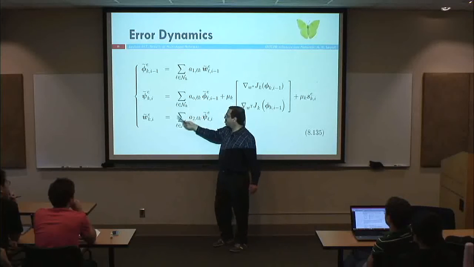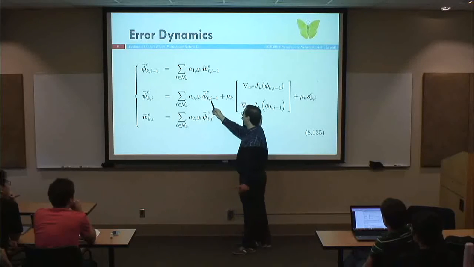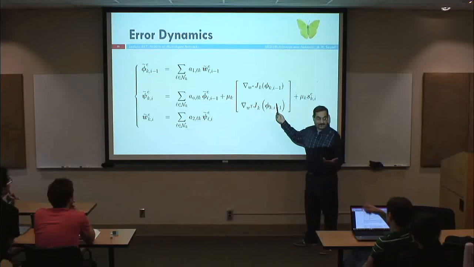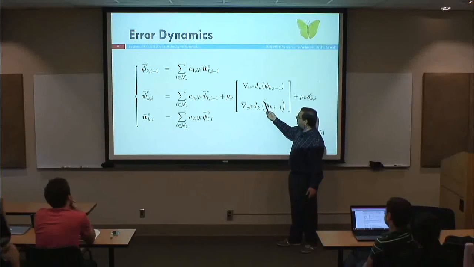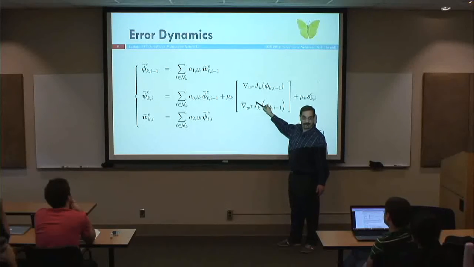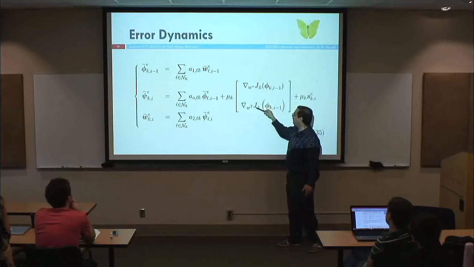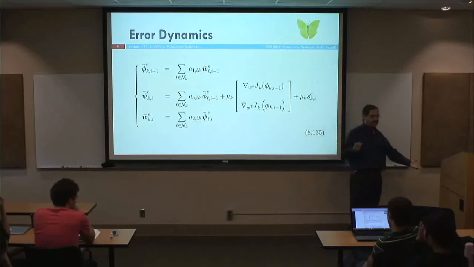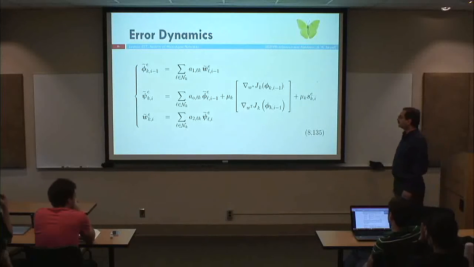You understand this? Here, extended error, extended error, extended error, extended error. What did I do here? Here I used to have the approximate gradients. Now I replace them by the true gradient plus the gradient noise, because that was the definition of the gradient noise. Okay, very good.